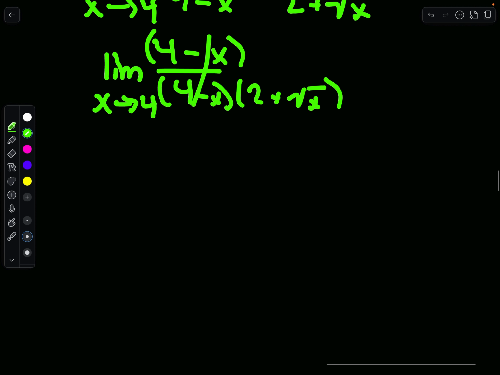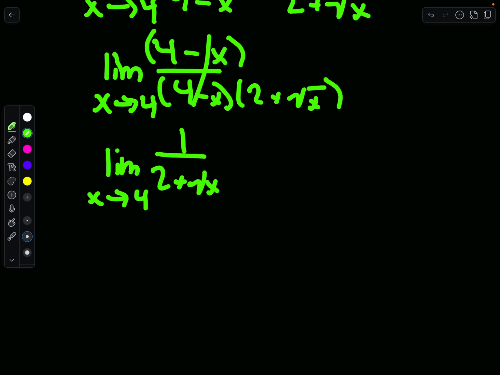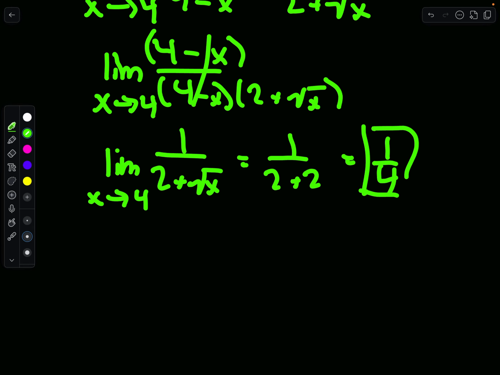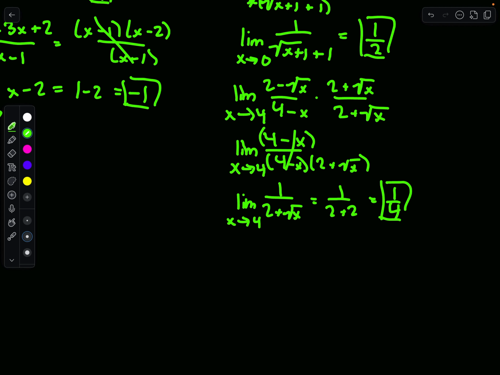You cancel, and then you have the limit as x goes to 4 of 1 over 2 plus root x. This simplifies to 1 over 2 plus 2 equals 1/4. So that is how you would use rationalization to get your answer for a limit.